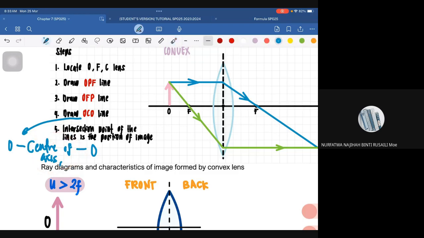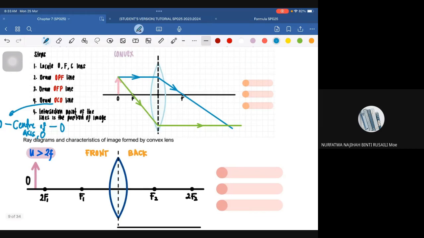Center of axis dia punya simbol ni adalah kosong. Kosong pula O. Okay, so ray ni actually lagi senang lah. So kamu boleh buat dari sini dia limpas je center of axis. Okay, so actually this one is easier.